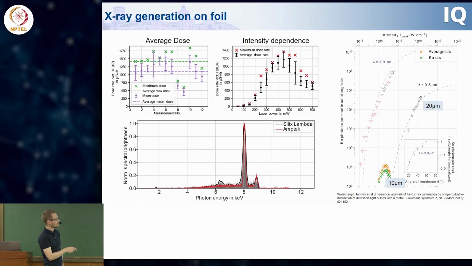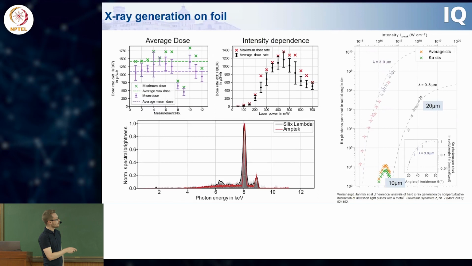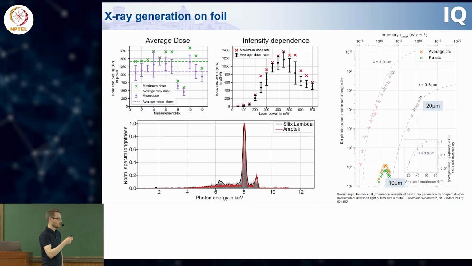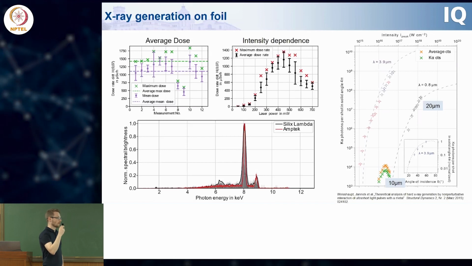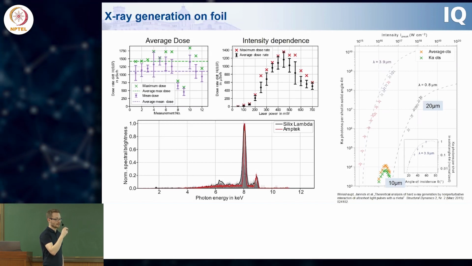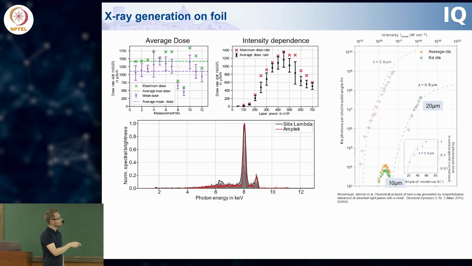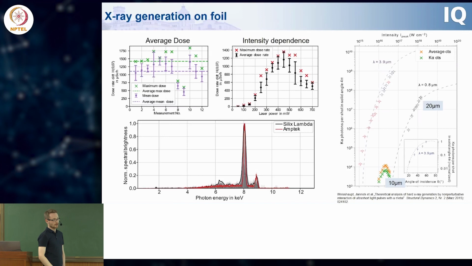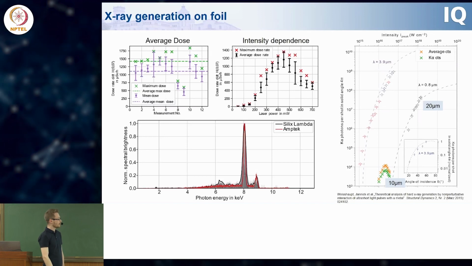For example, the input laser power is an important parameter, as the electrons are at some point just too fast to properly hit atoms inside this copper foil. So depending on the thickness of the copper foil, you get a maximum for your radiation.